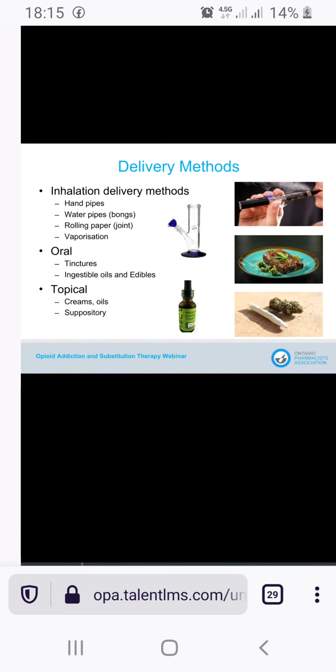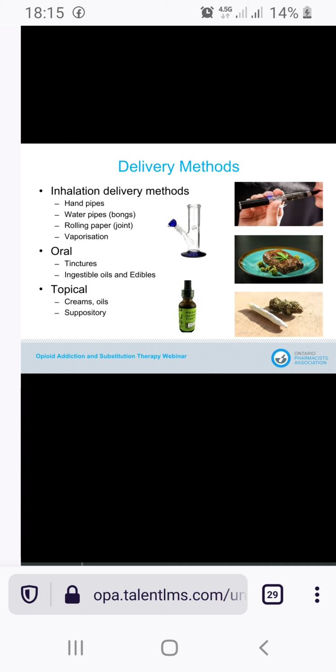Of these methods, we recommend that if a patient is going to use it for medical purposes, they vaporize, because smoking a joint actually has a lot of adverse effects on the lungs, probably worse than nicotine smoking, because the high heat causes a lot of production of carcinogens, whereas vaporization does not need such a high heat to release the active ingredient. In fact, we often tell patients too that vaporization is more efficient. It doesn't waste as much of the cannabis because it doesn't burn off a lot of the active ingredient.